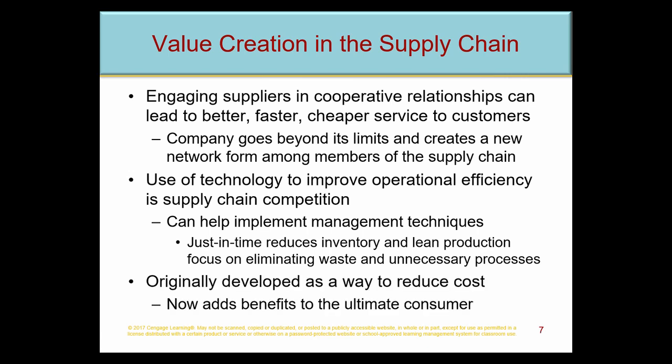And interesting that the author puts it in here that the whole supply chain and everything was developed as a way to reduce cost. But it really does add benefits to the ultimate consumer. By driving cost out, it can reduce the price to the consumer.